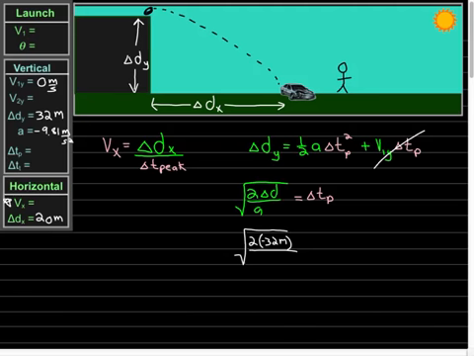It went down 32 meters. Divided by negative 9.81 meters per second squared. And that's going to give us the time it took to fall from the peak. So when we calculate this, we do the square root of 2 times negative 32 divided by negative 9.81. And we get out a time of 2.55 seconds.